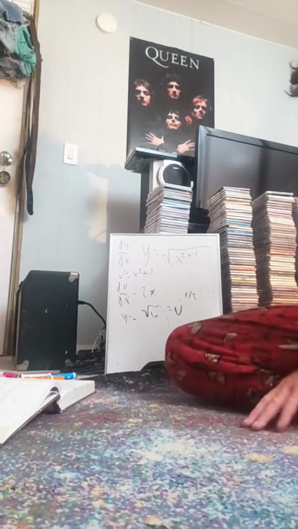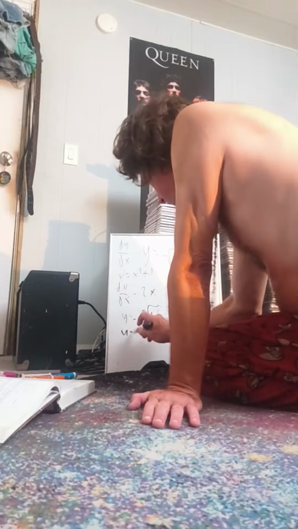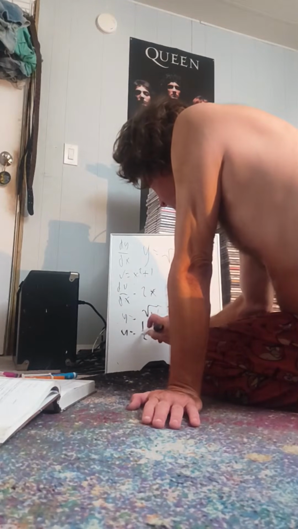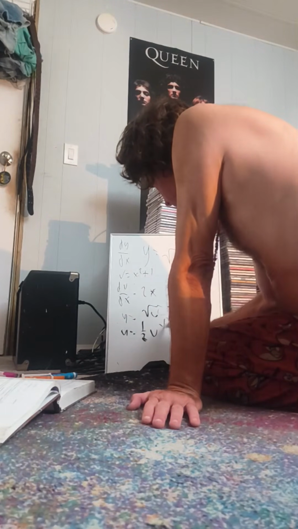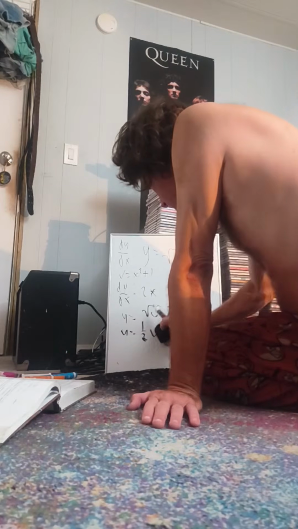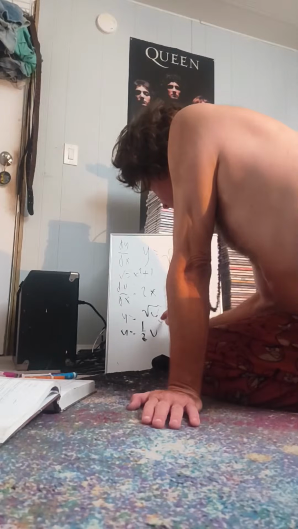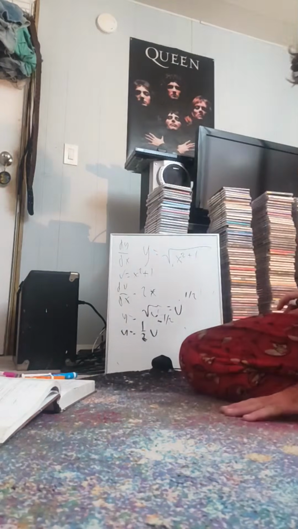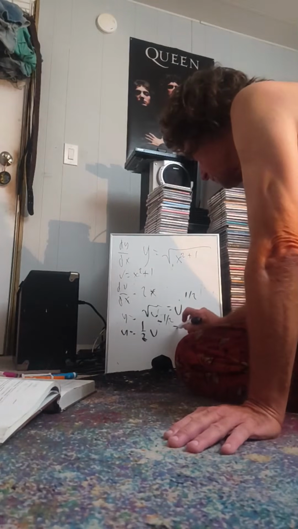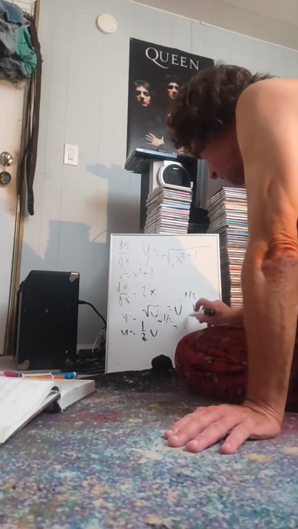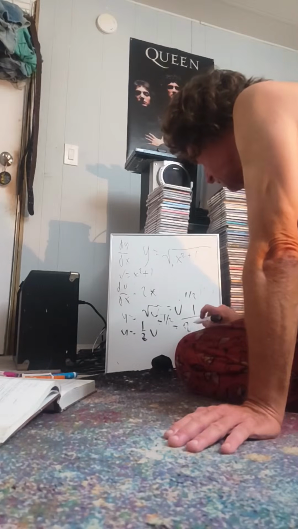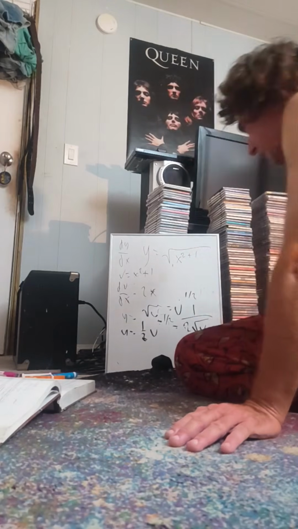See that one messed up? Which means that dy/du equals 1/2 u to the minus 1/2. That's where I messed up. Which means it equals 1/2 square root of u.